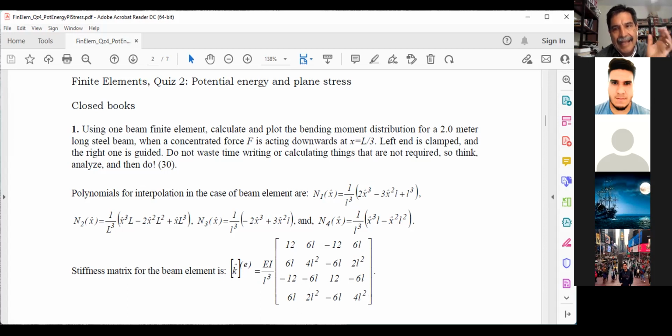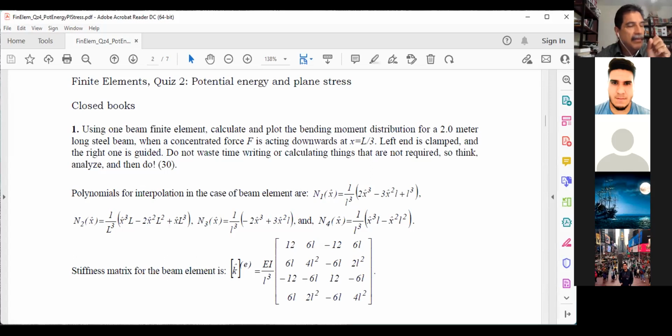My question is, what else is 0 on the left of this beam? The angle, doctor? Exactly, the slope. So you have 0 deflection, 0 slope on the left.